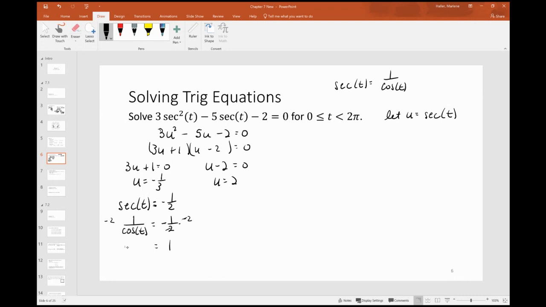So we'll have 1 equal to negative 2 over the cosine of t. Then I'll multiply both sides by the cosine of t, and I'll see that the cosine of t is equal to negative 2.